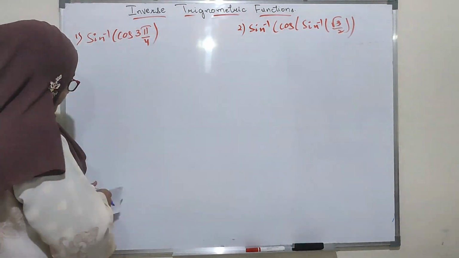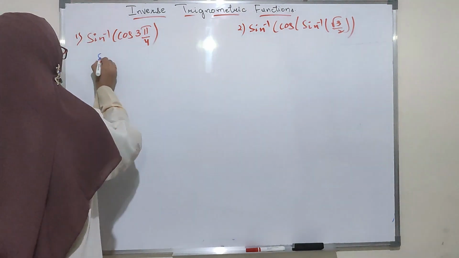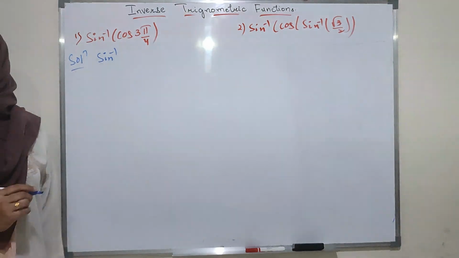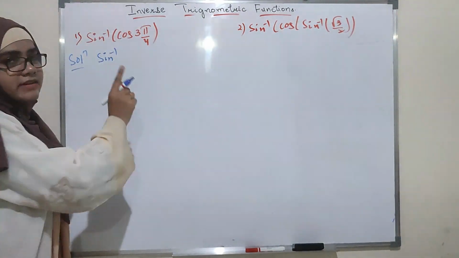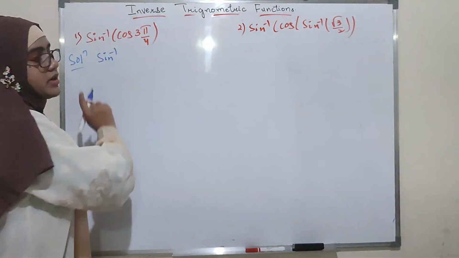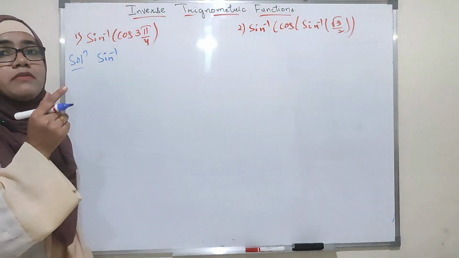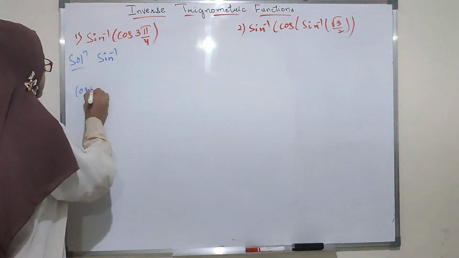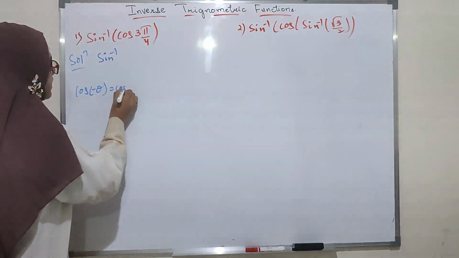Okay, what is given to you? Sine inverse of cos 3 pi by 4 is given to you. We have to write cos 3 pi by 4 in terms of pi, because you know that cos of minus theta is cos plus theta.